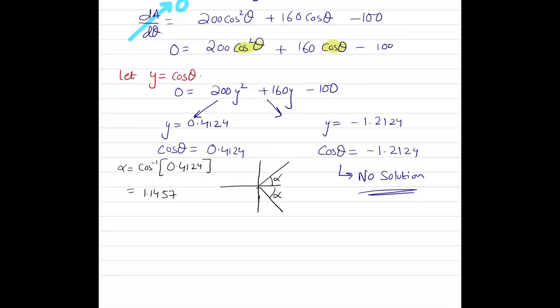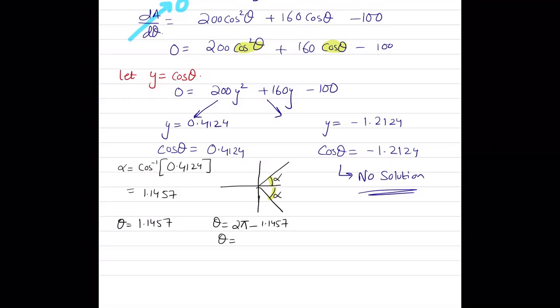Okay, that's my basic angle. So one value of theta is 1.1457. The other value is going to be 2 pi minus 1.1457 because it's lying in the fourth quadrant.